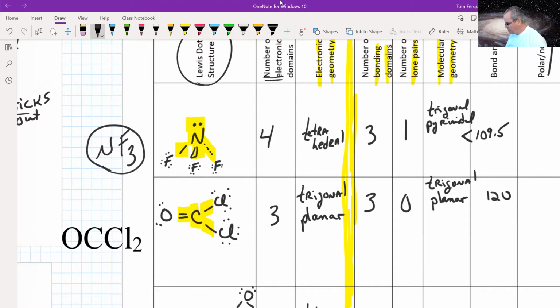Now, whenever this is 0 here, the electronic and the molecular geometry is the same. Okay, so whenever this is 0, in other words, there are no lone pairs or no non-bonding pairs, then the electronic geometry and the molecular geometry are going to be the same, which is the case here.